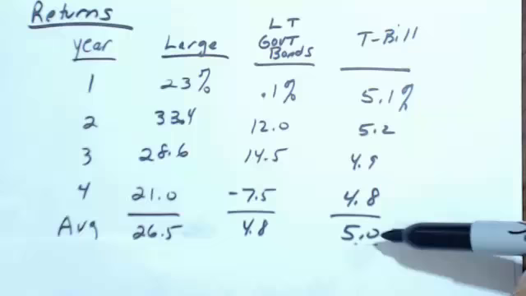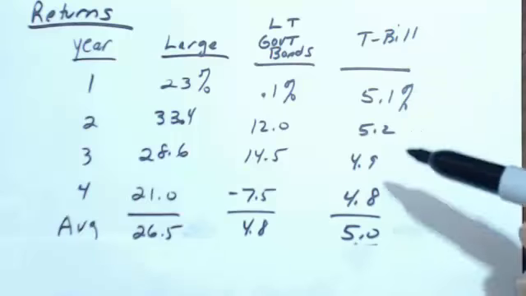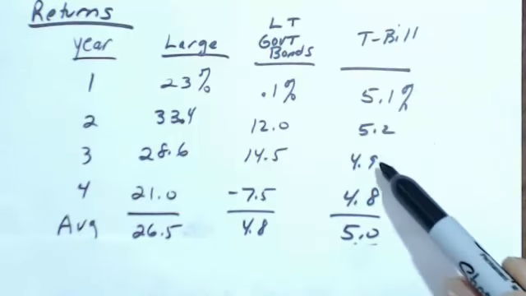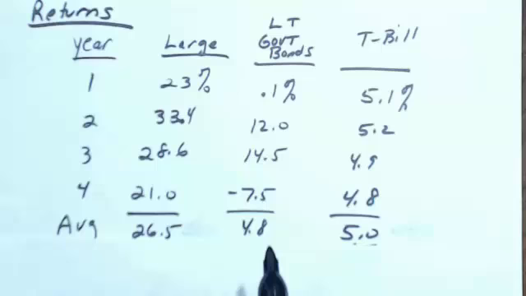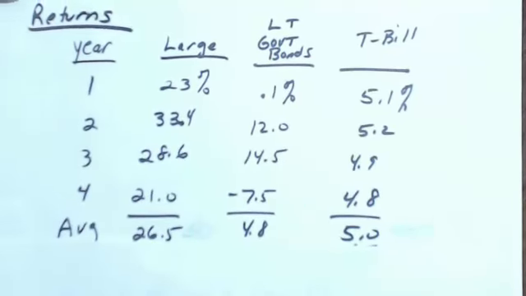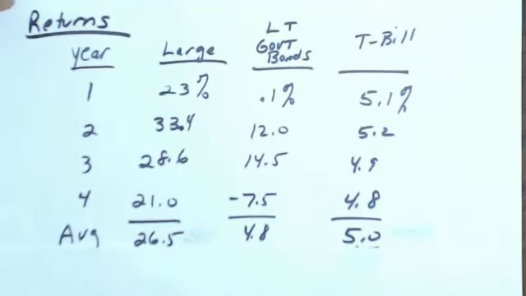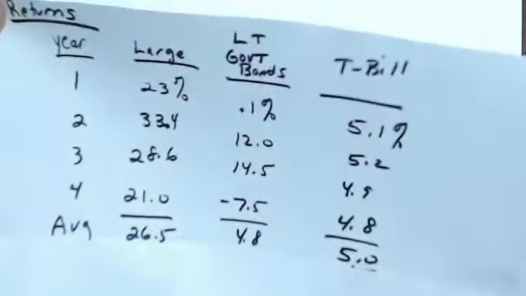But this is the risk-free rate, and it's fairly stable, as you can see, and the average turns out to be 5%. So this is the table I'm going to use in the examples when I go over some definitions of returns and definitions of risk, and when I combine risk and return, most of my stuff will apply to this table.